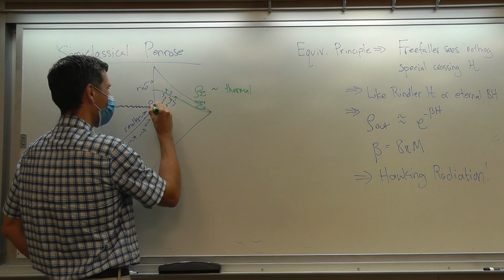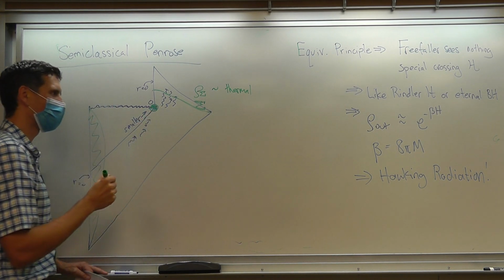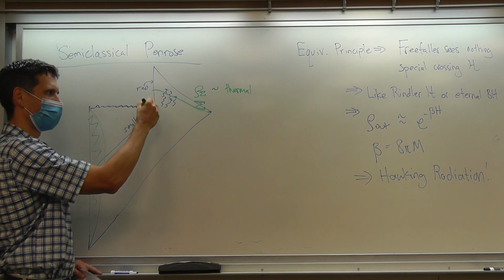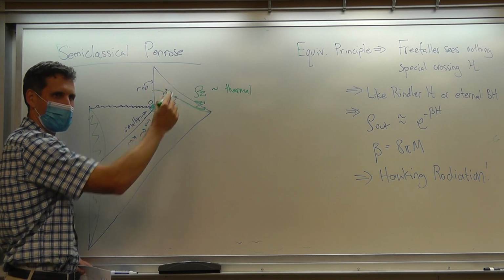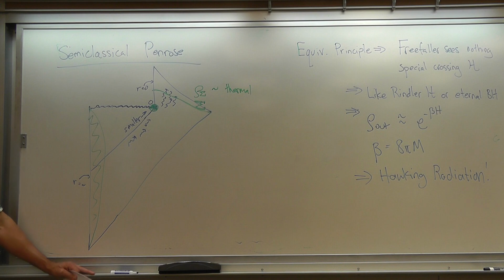Let me postpone the answer to that, but there's not enough energy left here to suddenly spit out all the information. I'm going to talk about the various ways you can attempt to solve the information paradox more systematically later. For now, I just wanted to lay it out and say that this is where the problem came from.